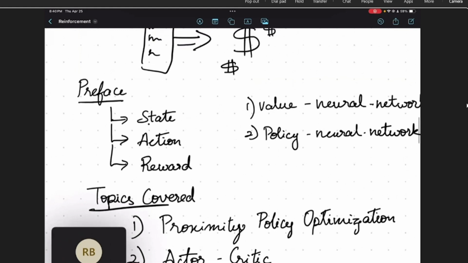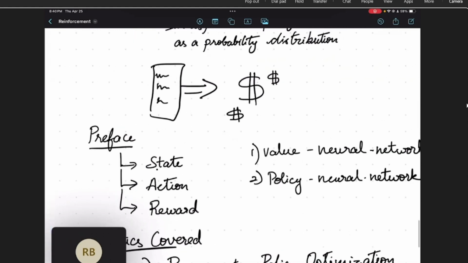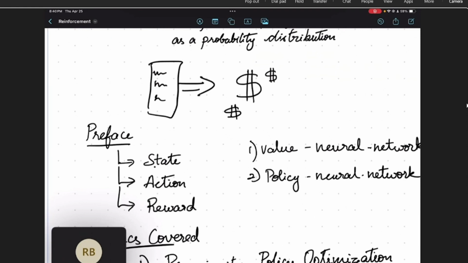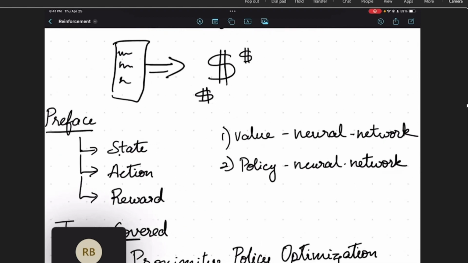We have to know these things before entering the topics: state, action, and reward. The state is the current state of the model, the action is the decision taken by the model, and the reward is what it gets from the policy for the action taken by the model.